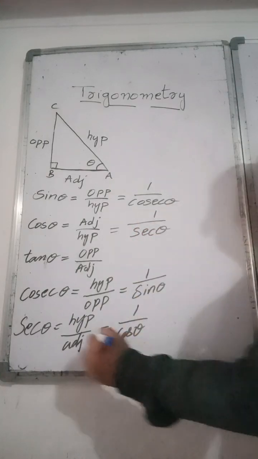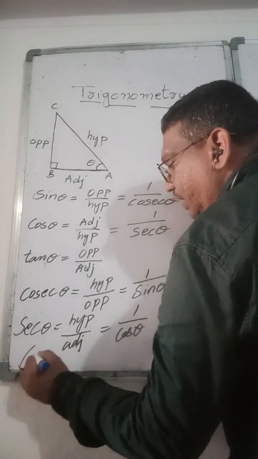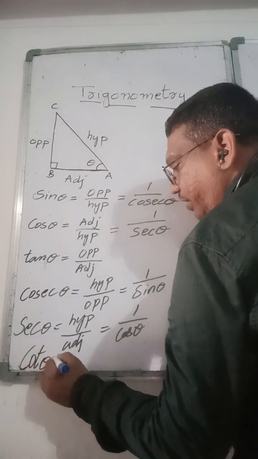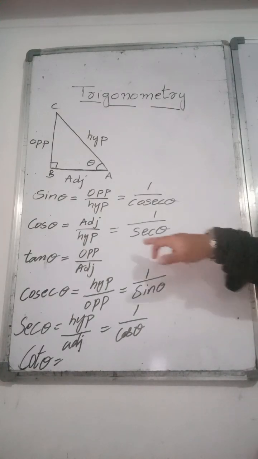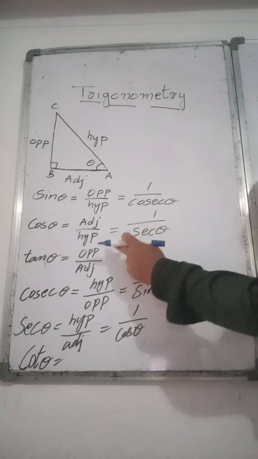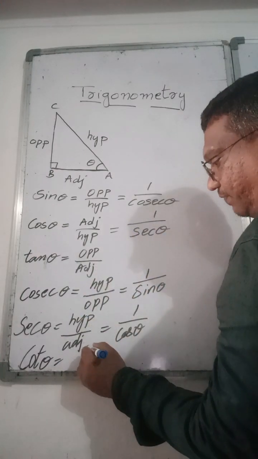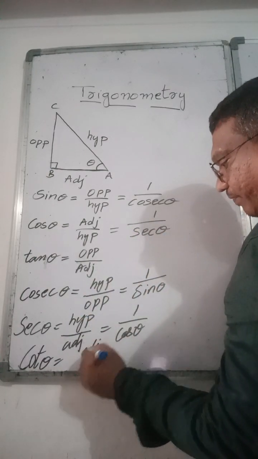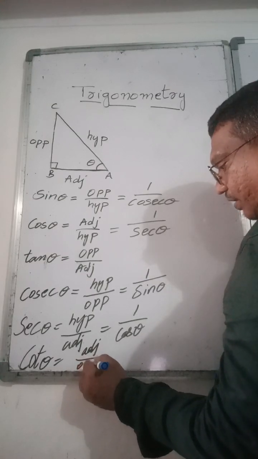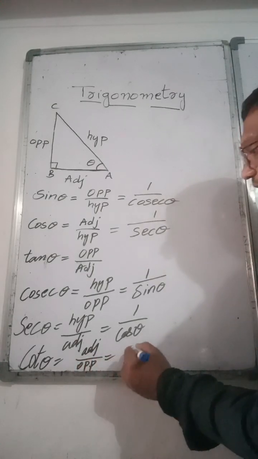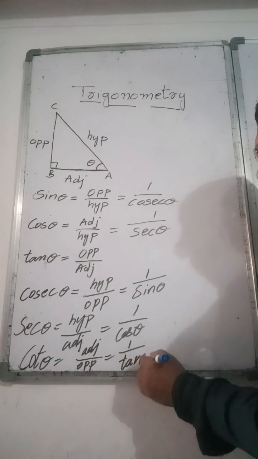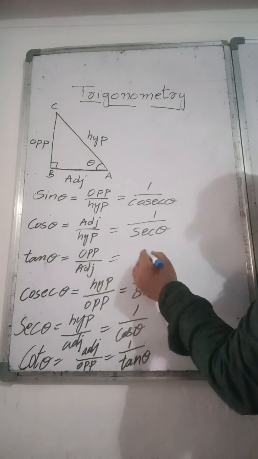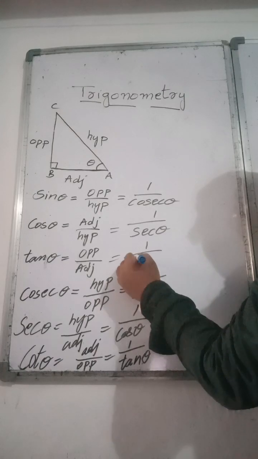The last one is cot theta, C-O-T. It is actually cotangent theta, but in the short form we write cot theta. Cot theta is the reciprocal of tan theta. Tan theta is opposite by adjacent, so this will be adjacent by opposite, and this is equal to 1 by tan theta.